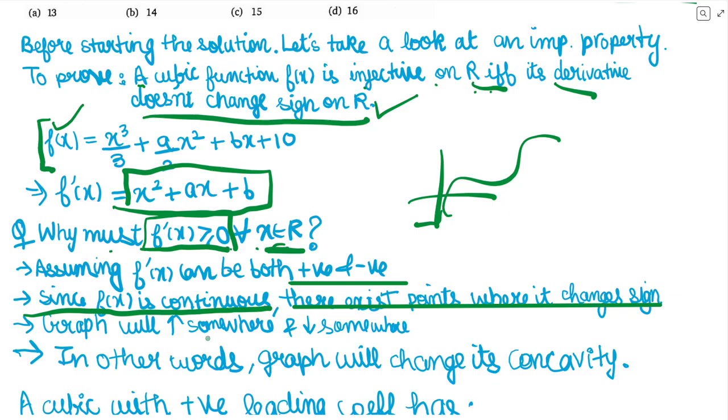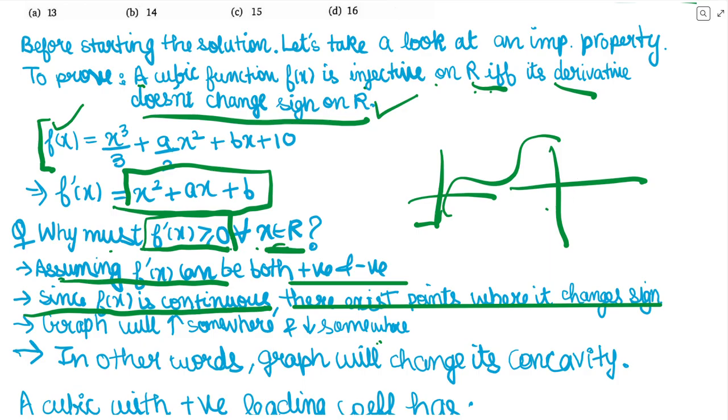So the graph will increase somewhere and decrease somewhere. Why are we saying that? We are saying it based on the assumption that f'(x) can be both positive and negative. Remember, what do we mean by saying that f'(x) can be greater than or less than 0?